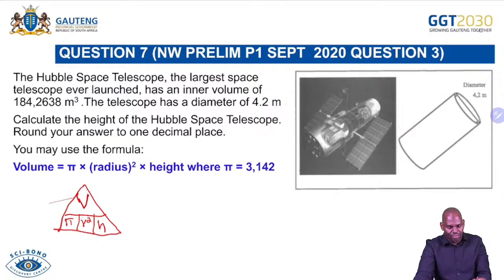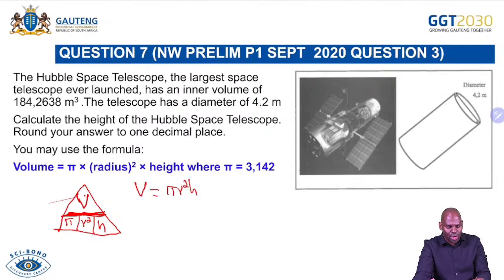Like the examiner can give you the volume and the height and ask you to find the radius, or the examiner can give you the volume and the radius and ask you to find the height. So what is important is you must be able to change the subject of the formula. The easiest one is, if you want to calculate volume, obviously it is pi r squared h.